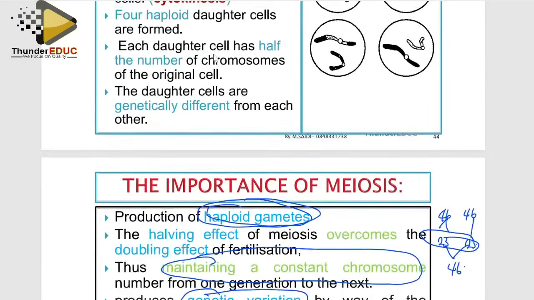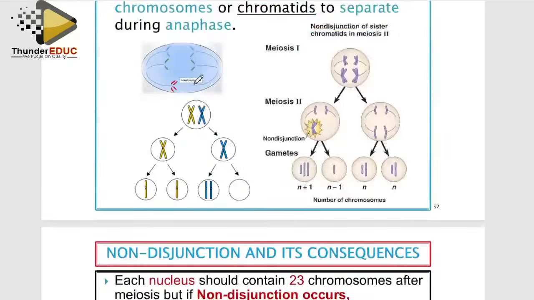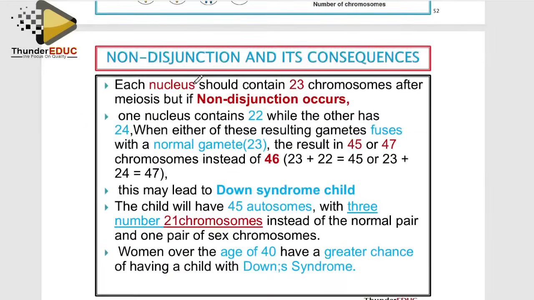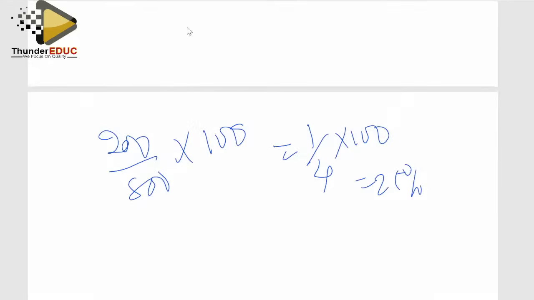You understand? So basically, with Down syndrome, when there is non-disjunction, let me do it like this. You're supposed to have a cell with four chromosomes.